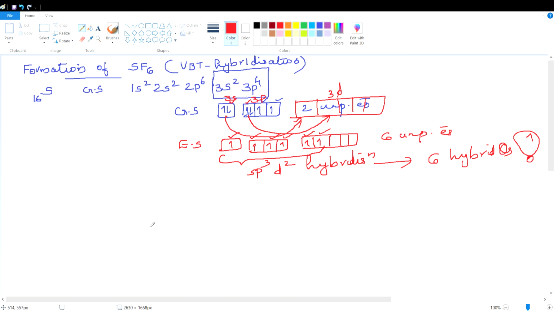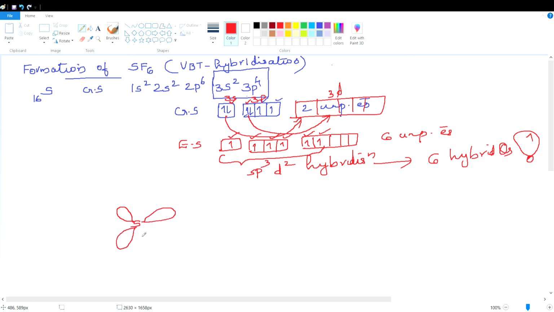Now how do these 6 hybrid orbitals occupy space around sulfur? So this is our sulfur atom. Around sulfur there are 6 sp3d2 hybrid orbitals. They would occupy the 6 corners of a regular octahedron. An octahedron contains a square plane in the middle.